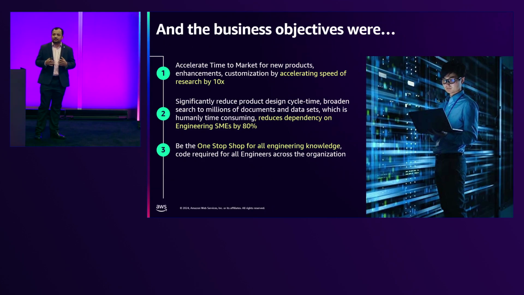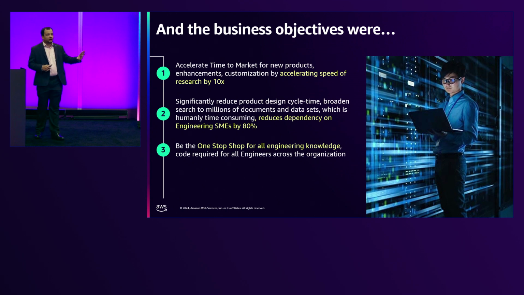Or how long does it take to find an alternate component that can be used in the product? They want to find a more sustainable component that can work under a certain temperature or in a certain velocity car, a moving car. And be the one-stop shop for all knowledge for the enterprise. That was one of the more important asks.